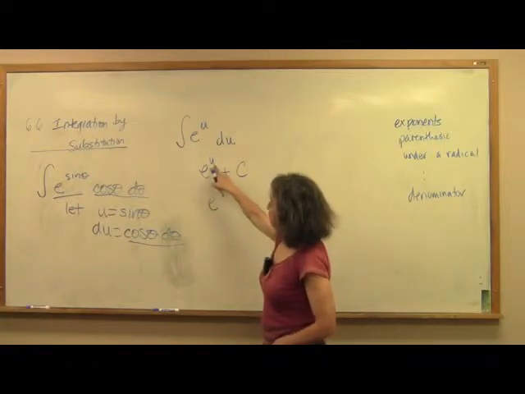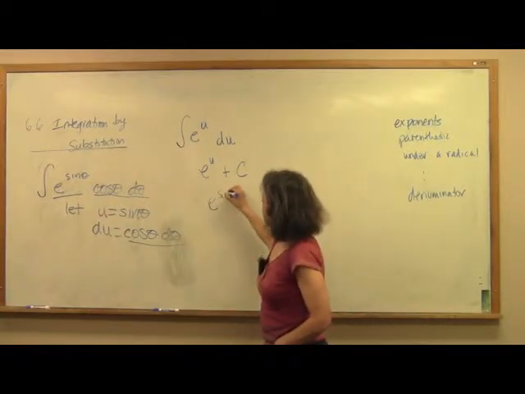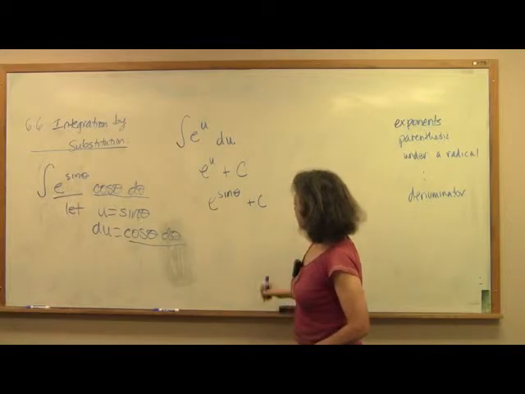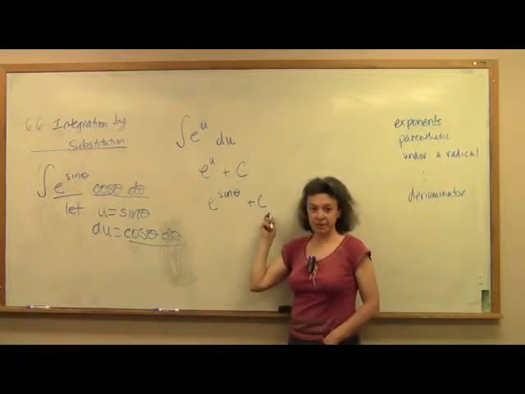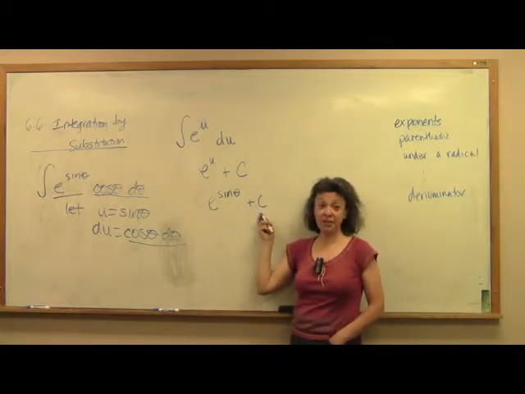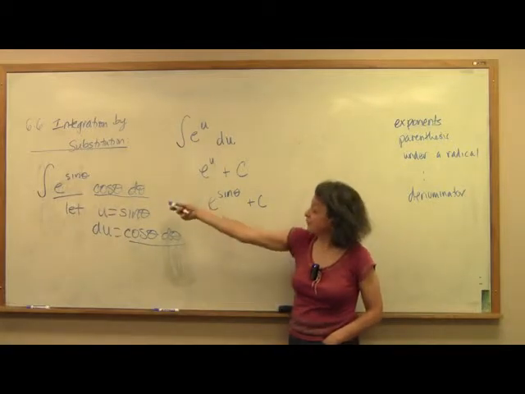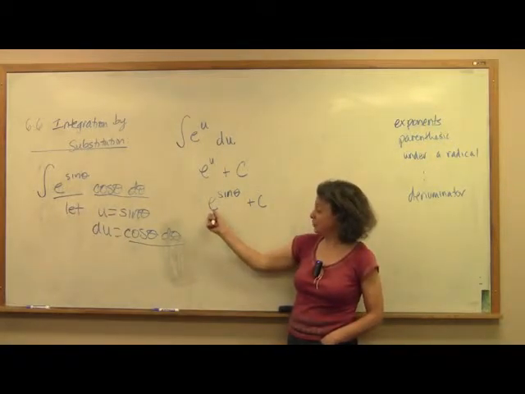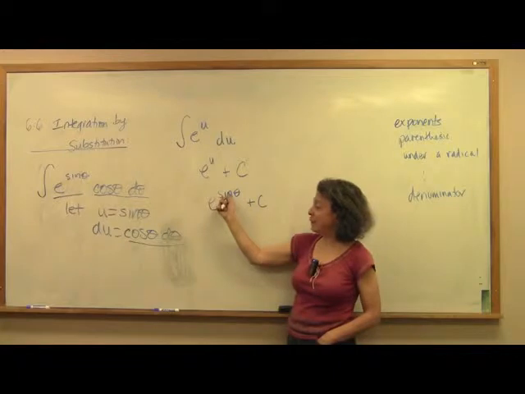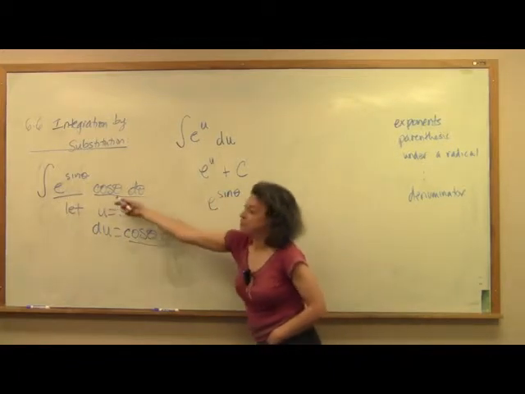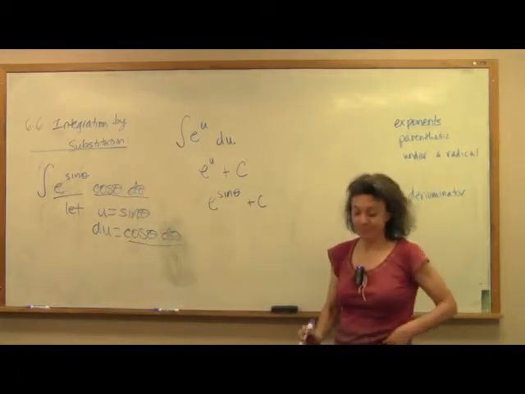So, what is u in terms of theta? It's the sine of theta. And I think you'll grant me if you take the derivative of this function here, you are going to get what we started with. Remember your chain rule. It's e raised to that power times the derivative of that power.